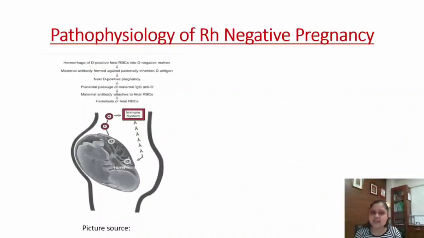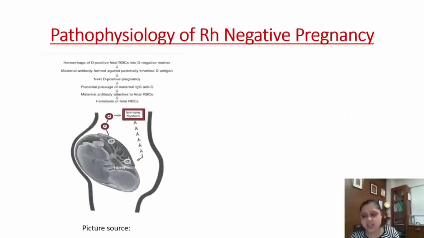Now, let us understand what happens in the Rh negative pregnancy. Let us see the pathophysiology of Rh negative pregnancy. It begins with the first pregnancy, wherein if there is any potential sensitizing event which results in the fetomaternal hemorrhage, there is the hemorrhage of the D positive fetal RBCs into the D negative mother, and as a result the mother's antibodies are formed against the paternally inherited D antigen.